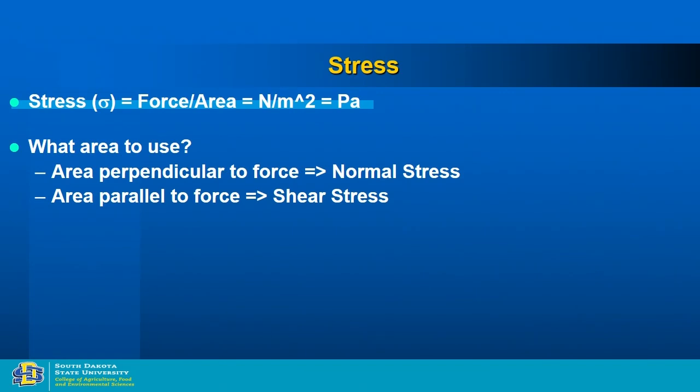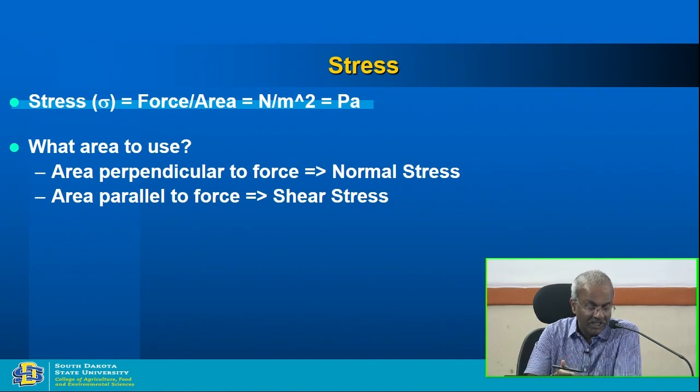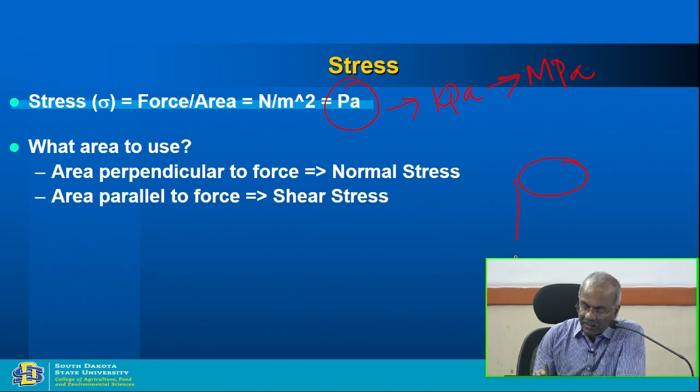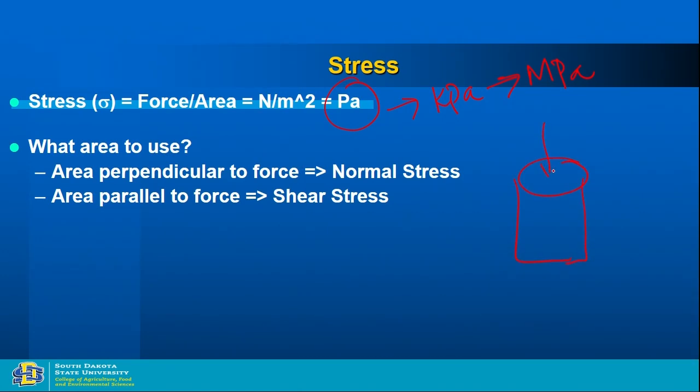So what area to use when you calculate the stress? We know stress is force over area, Newton per meter square. So the unit is Pascal or kilopascal or megapascal. If it is area perpendicular to the force, then it's normal stress. If it's area parallel to the force, it's called shear stress. So if you take the sample like this and then apply the force over area, whatever you get is normal stress.